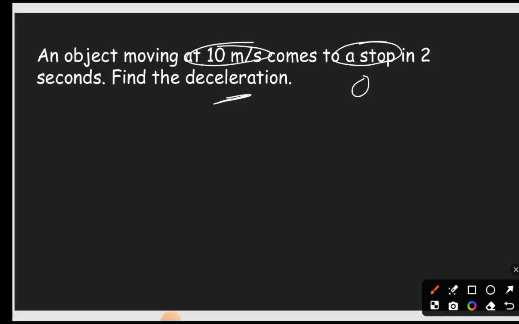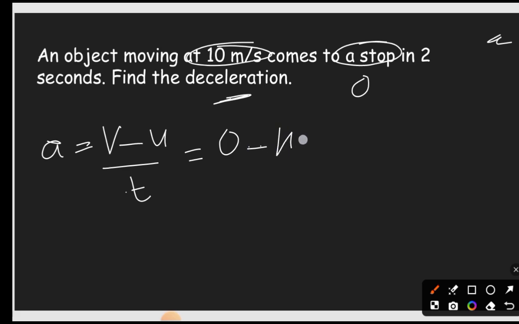So, acceleration equals final velocity minus initial velocity over time. So, our final velocity is 0 minus initial is 10 over time, which is 2.